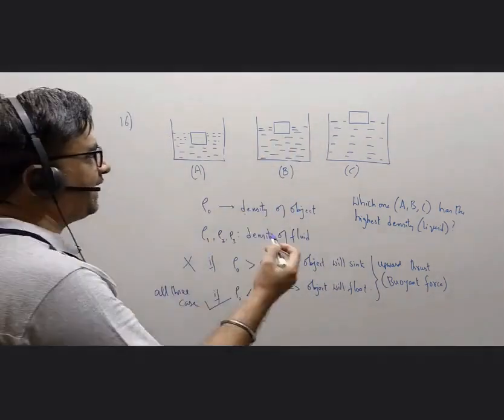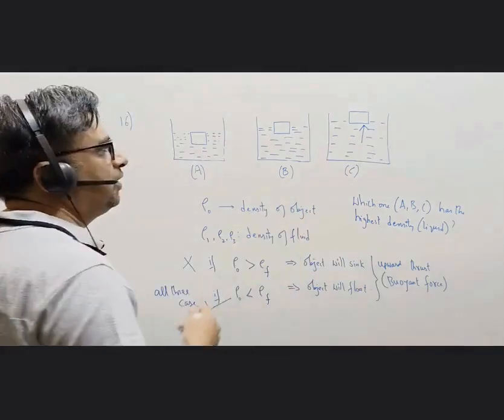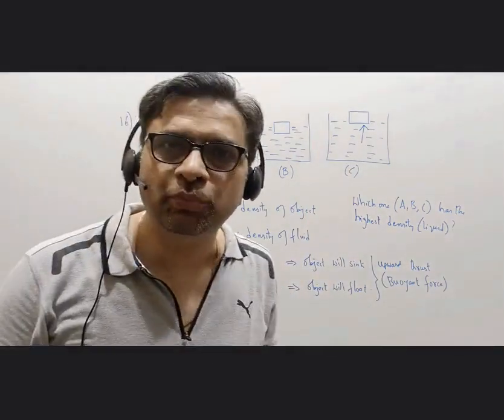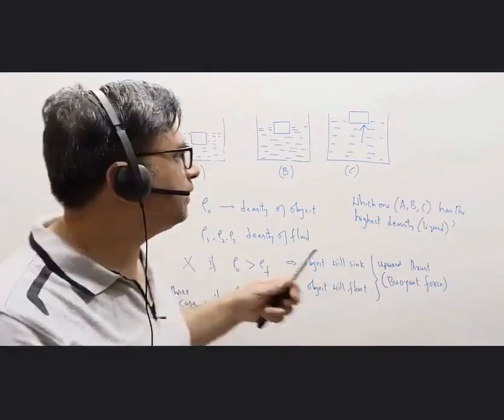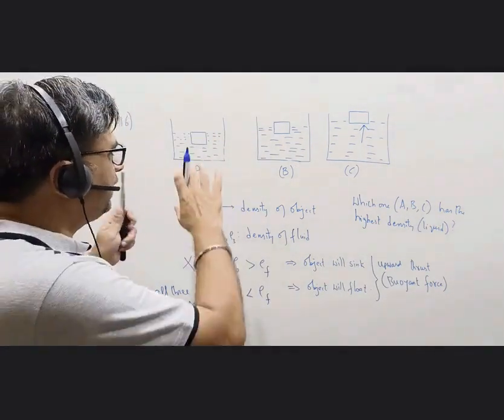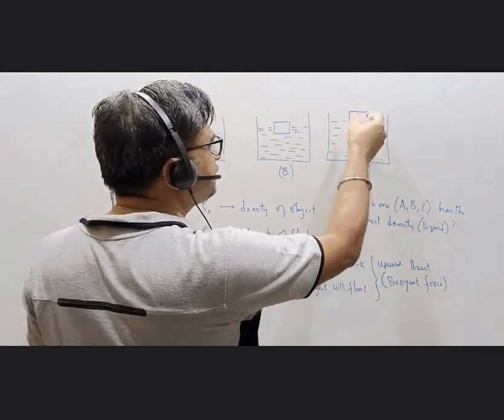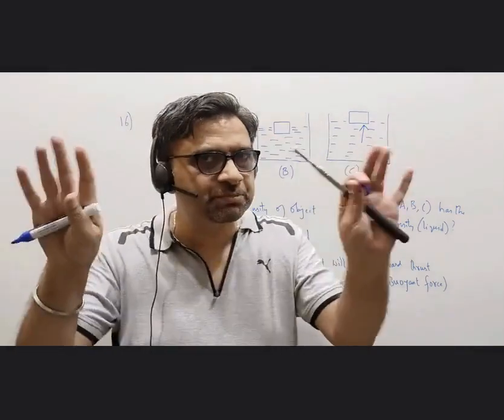Now you can see that this is applying the maximum force upwards. The buoyant force is the maximum over here. No wonder, the same block of wood in all 3 cases we have, but in this case there is only a small portion which is able to get in. Look at it this way. Don't think about Archimedes principle for a moment.